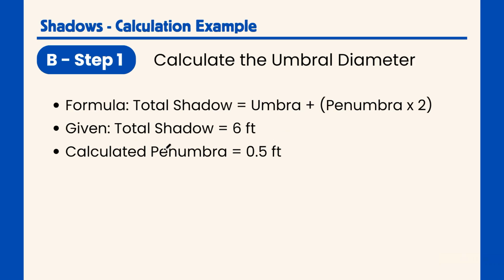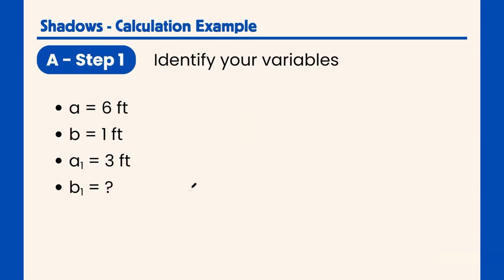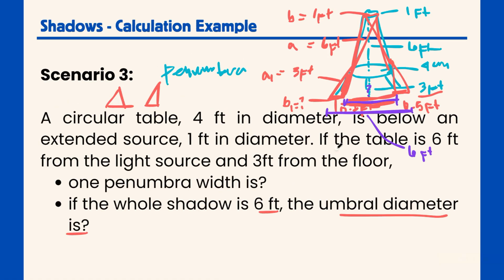Given are the total shadow of 6 feet and our calculated penumbra of 0.5 feet. So the answer is umbra is equal to 5 feet. If you visualize it, it is 6 feet minus the two penumbras, so minus 1 foot, which is 5 feet. So that math checks out.